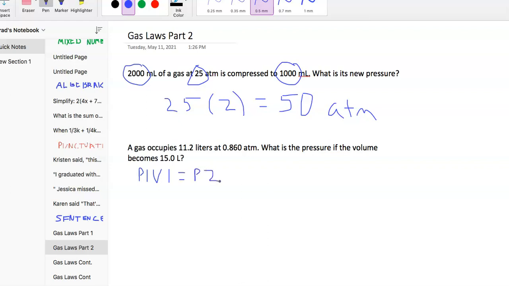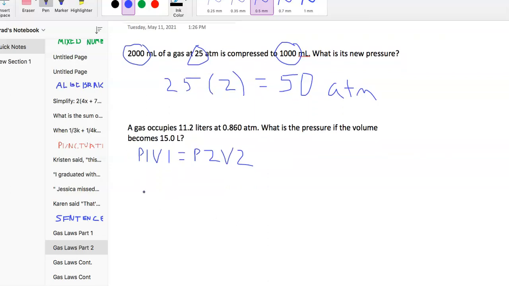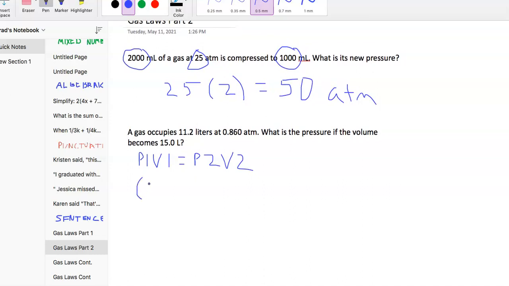Just give me a second to write this out. P2, V2. That's important for us to know. 1 just represents before and 2 represents after. In problems like this, you'll always be given 3 of the variables, and you have to solve for the 4th variable. So we have 11.2 liters, that's what we start with, and 0.860 atm.